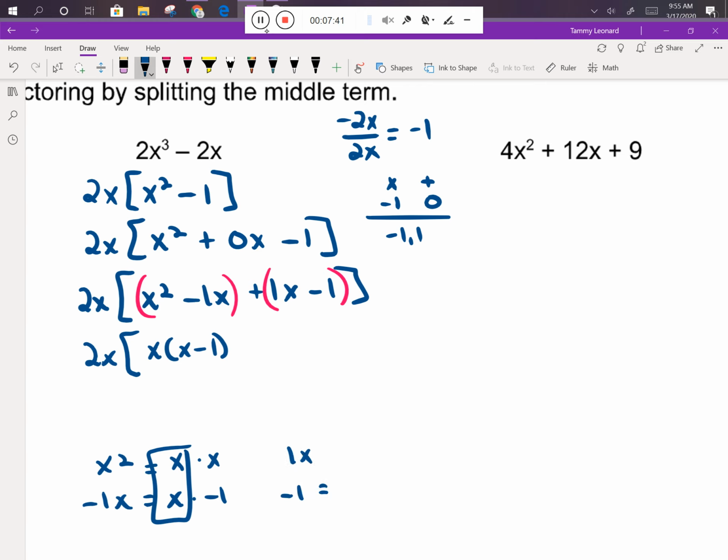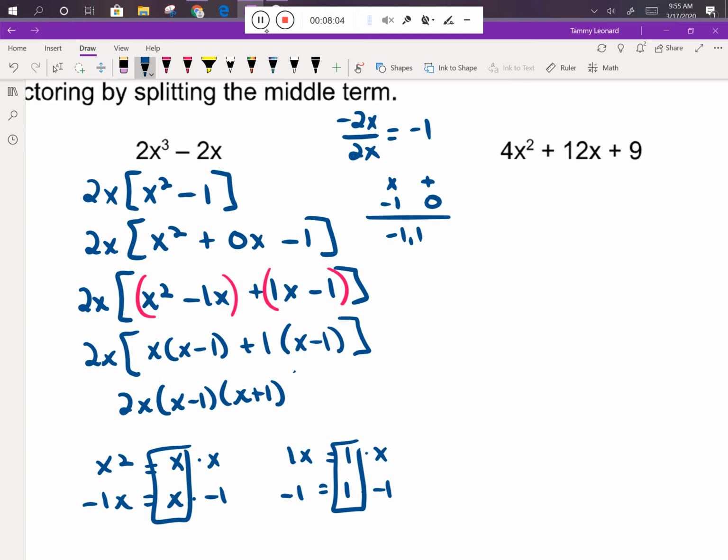Then I have a 1x and a negative 1. Well, they have 1 in common. The top would need to multiply by x and the bottom by a negative 1. So we're going to factor out that GCF of a positive 1 and leave behind a negative 1. All right, we're ready to take out that common binomial, which means we won't need the big brackets anymore. Our final answer will be 2x times x minus 1 times x plus 1.